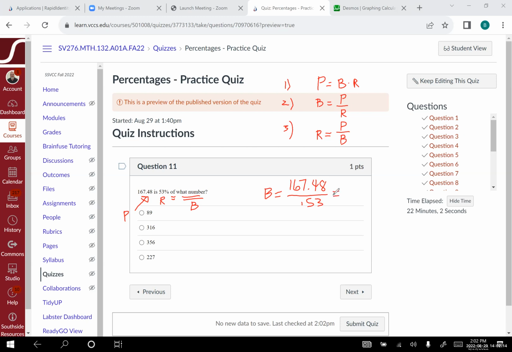So we need to divide 167.48 by 0.53. $3.16. Very good.